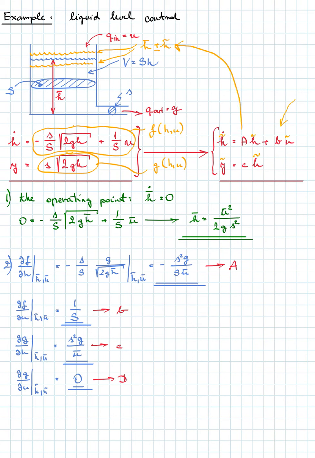So u tilde is the value of the input signal which is added or subtracted to the value of u bar. And finally, y tilde is the value which is added or subtracted to the value of the output at the operating point y bar. So this is the meaning of the linearized equation.